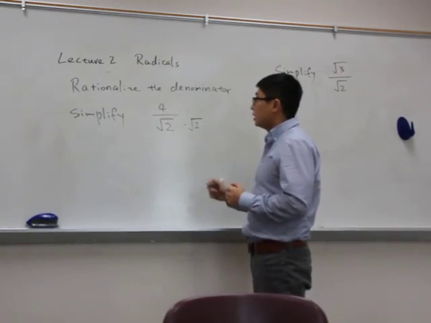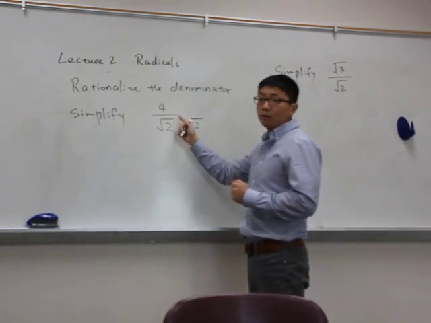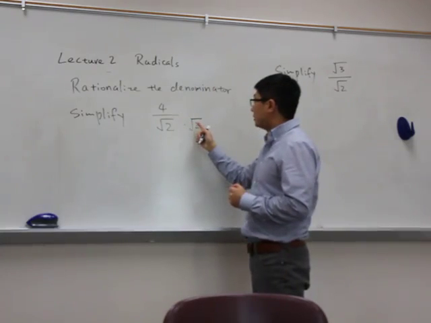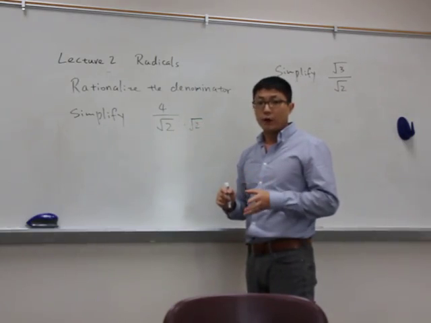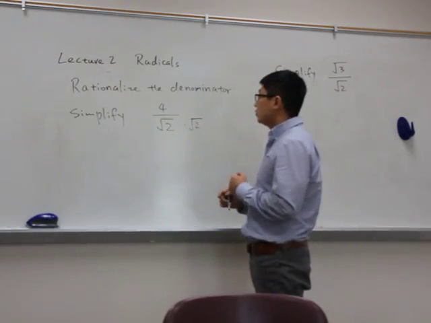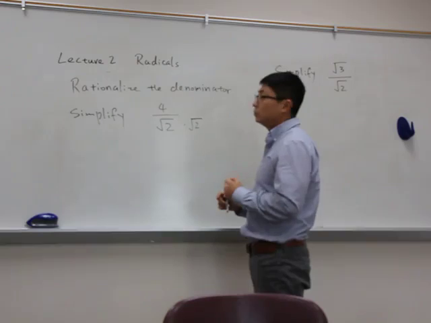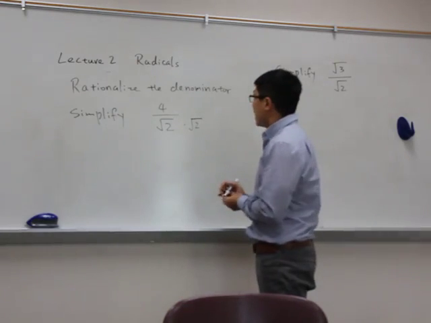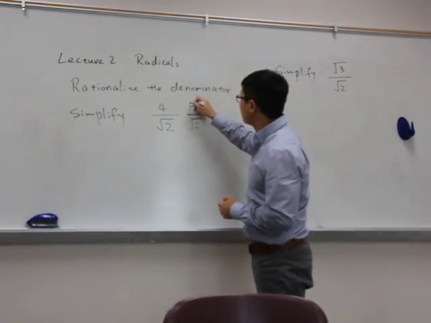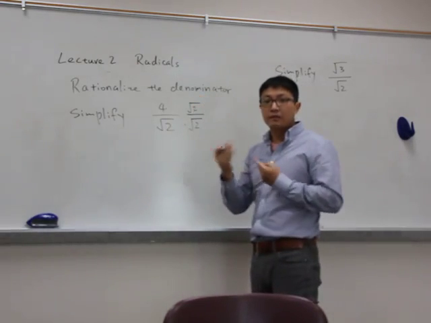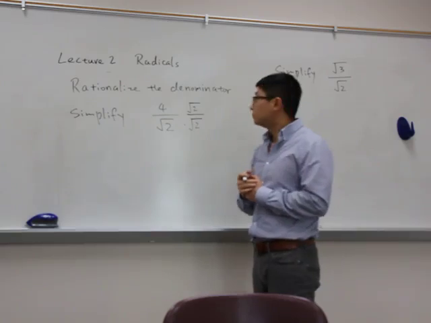The problem is if I only multiply the denominator by the square root of 2, I will change the original fraction, right? So in order to keep the original fraction the same, I also need to multiply the numerator by the same thing, by the square root of 2.